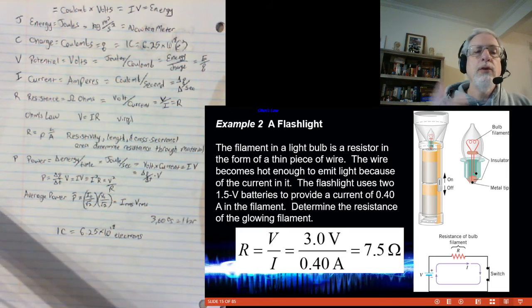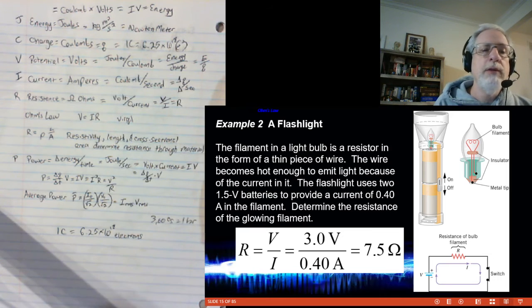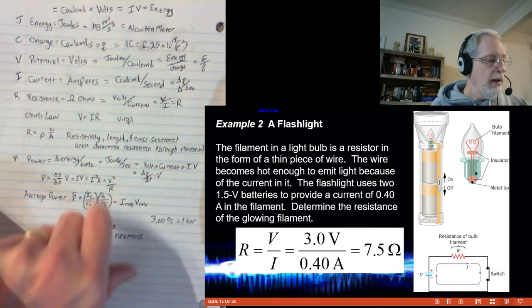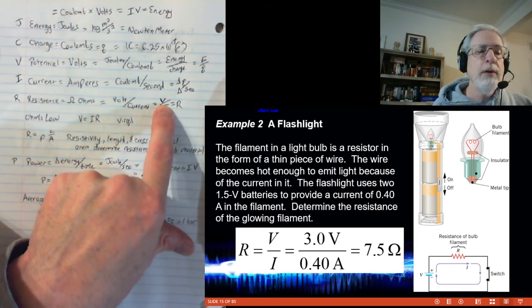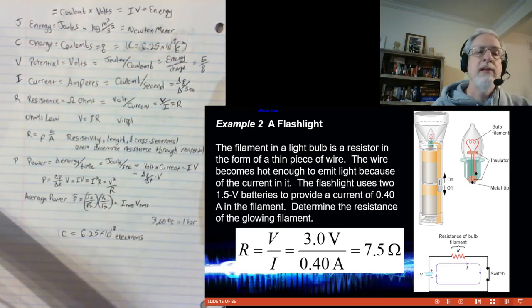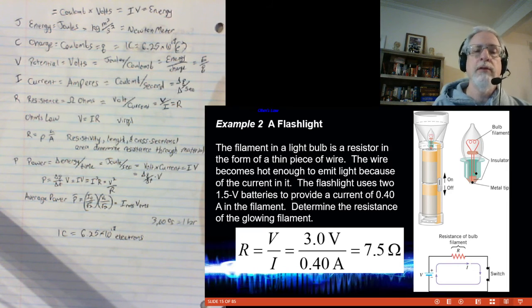The flashlight uses 2 1.5 volt batteries to provide a current of 0.4 amps. So I told you before, 2 1.5 volt batteries is the same thing as 3 volts. What is the resistance? Well, resistance is volts divided by amps. 3 volts, 0.4 amps, tells me that that light bulb has 7.5 ohms of resistance.